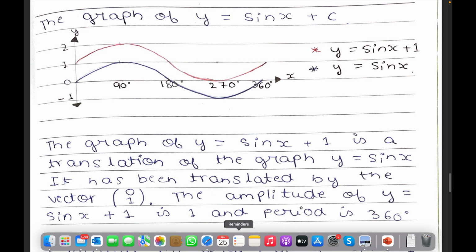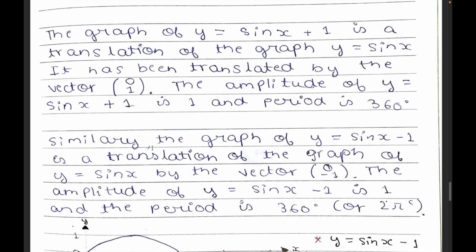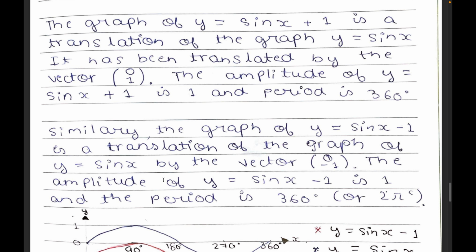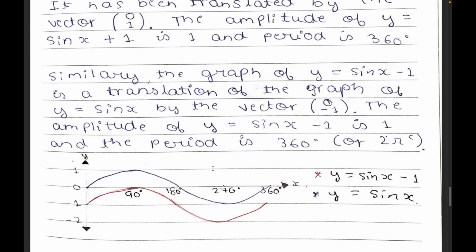The amplitude would remain the same and the period would also remain the same. And similarly, the graph of y equals sine x minus 1 would be a translation downwards by 1 unit. So the vector would be (0, minus 1), and the period and the amplitude would remain the same.